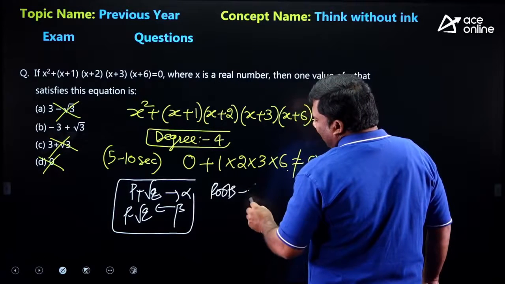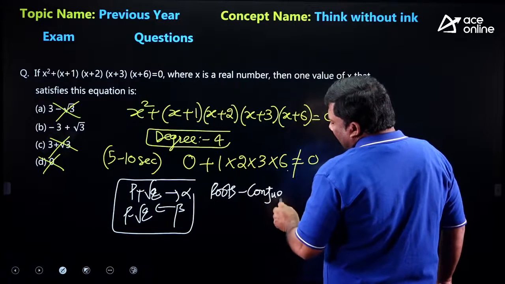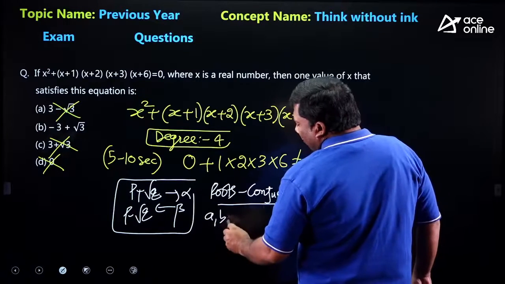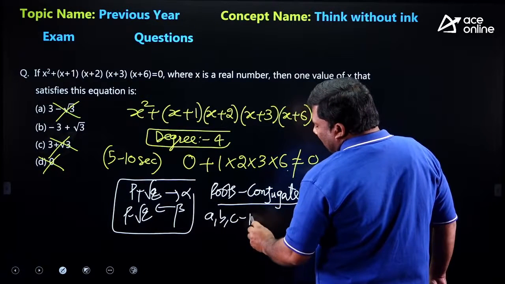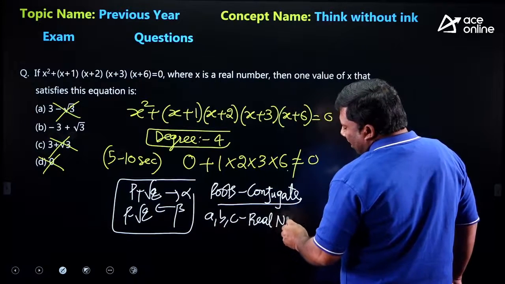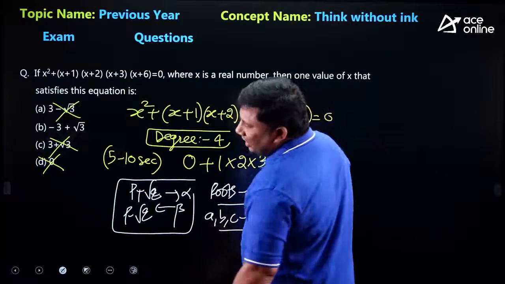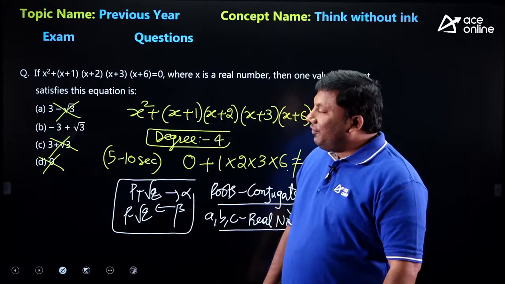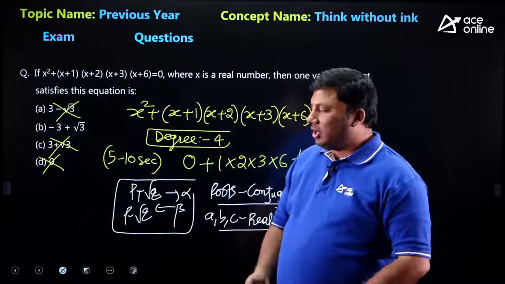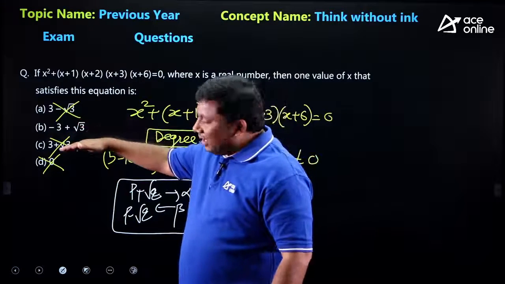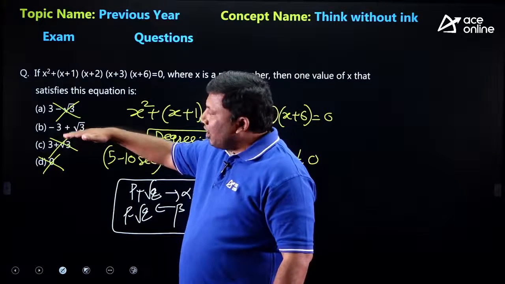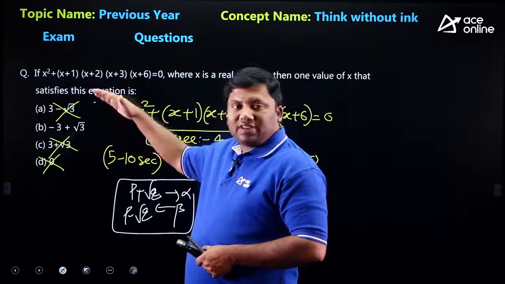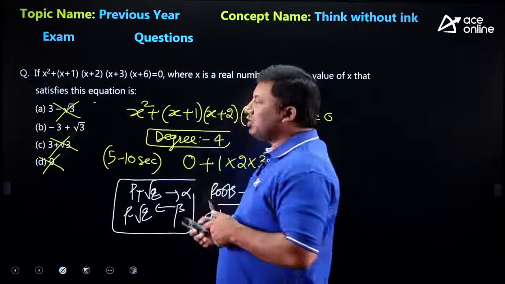If one is a plus root b, another will be a minus root b, as long as the coefficients are real numbers. That means if 3 plus root 3 is one root, obviously 3 minus root 3 also will be another root. That means if option C satisfies the equation, option A also satisfies the equation.